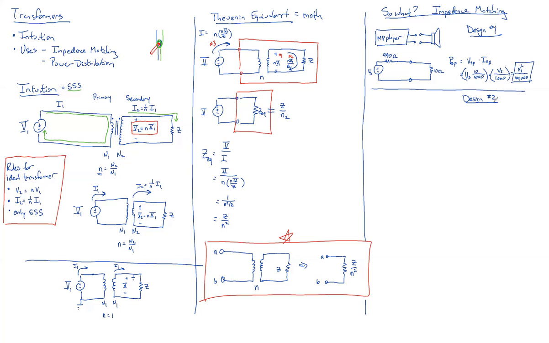The second design is we're going to take that same MP3 player, and before this lecture, how would you have handled fixing that problem? Increase that voltage? You can't increase the voltage, it's your phone.